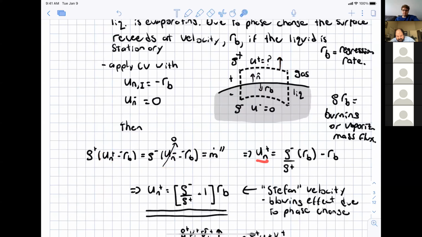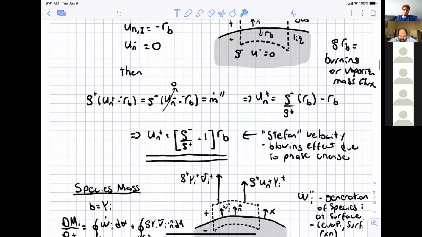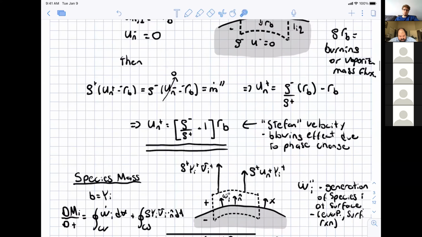I'm just applying some light math here. So UN plus is equal to the ratio of the liquid density to the gas density multiplied by the regression rate, minus the regression rate. Okay, and so I can factor out RB here, and I get this expression here.